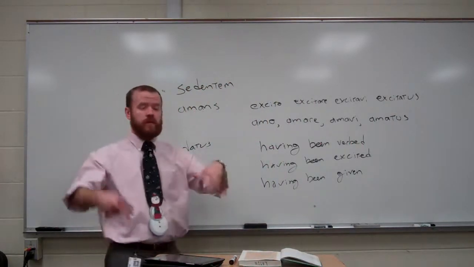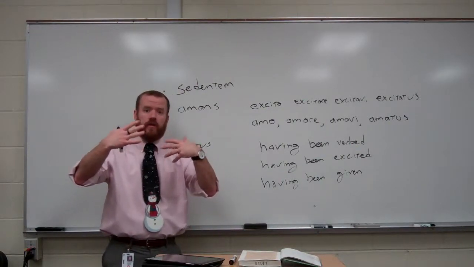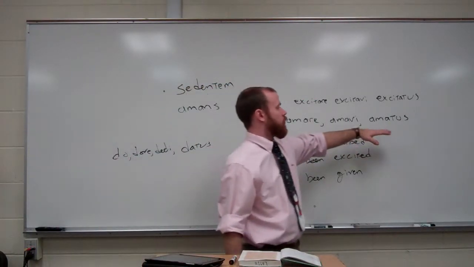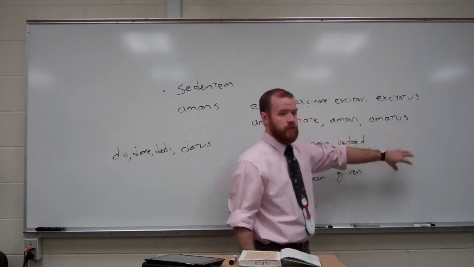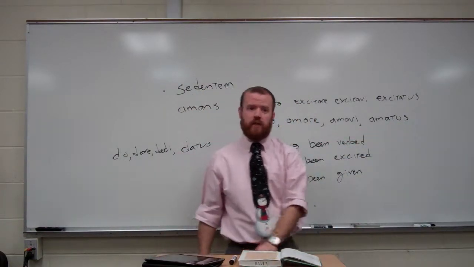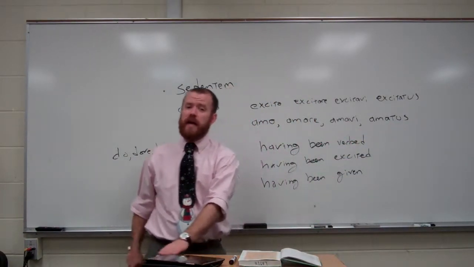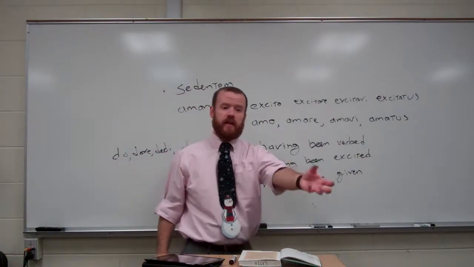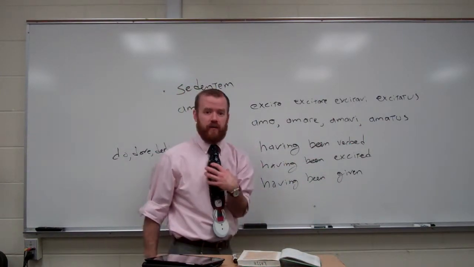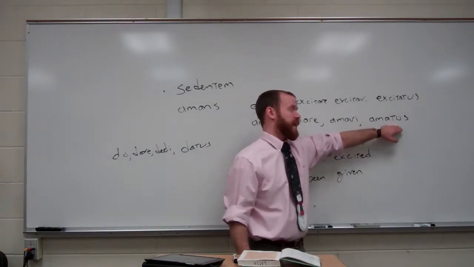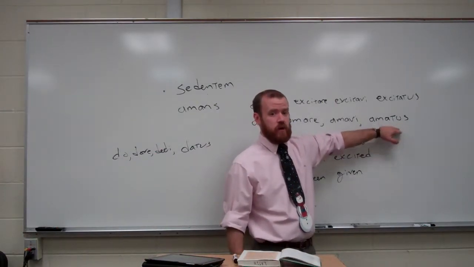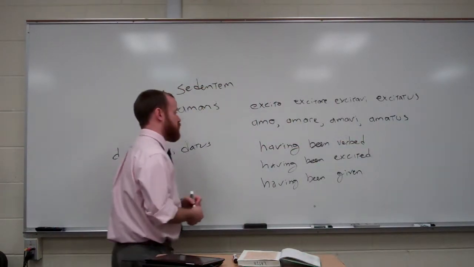Perfect passive participles are nice in the fact that they follow the adjective group of the first and second declension. So the 2-1-2 adjective group, the adjectives that take their endings from first and second declension nouns, that's also where we have the perfect passive participle, that they use the same set of endings.